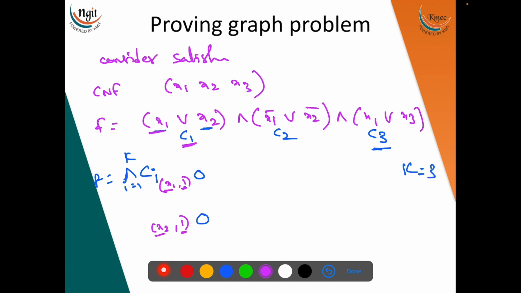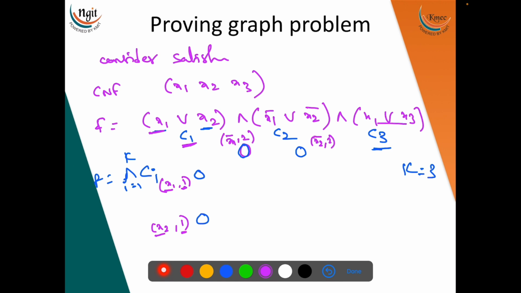Now we'll take the negations, the x bar values. Negation x1 dash, so this one is (x1 dash, 2). Correct? Now x2: this is (x2 bar, 2), the second clause.